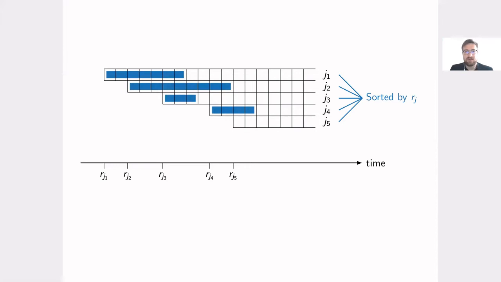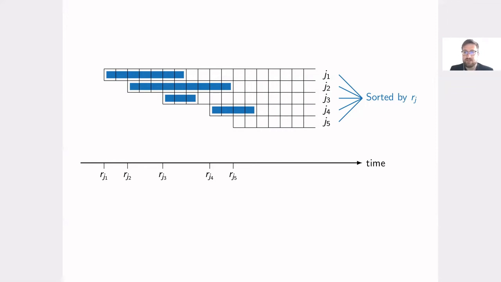Now the problem comes down to choosing completion times for each job, because once we have chosen the completion times, we can actually compute in polynomial time a feasible schedule. And so we need to select squares in this picture such that we select a prefix of each row.